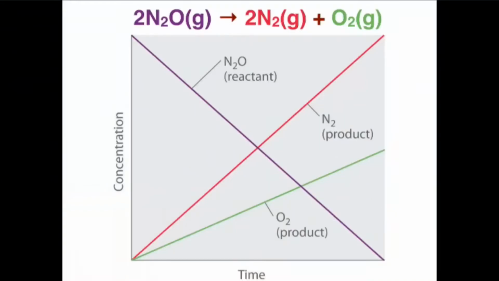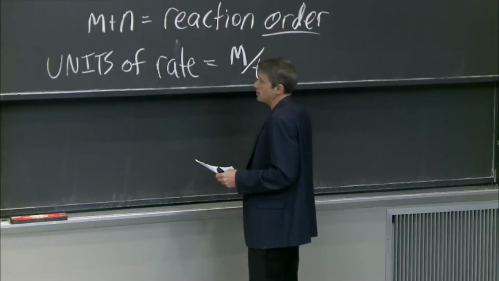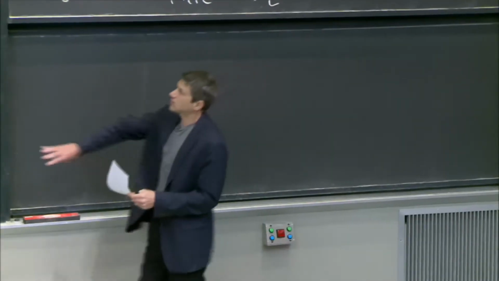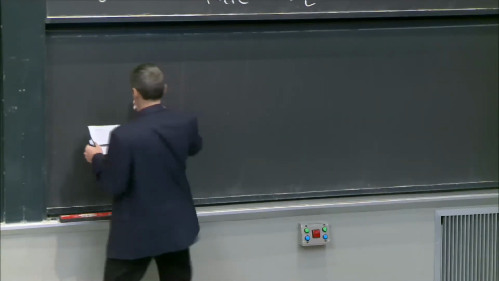In a zeroth order reaction, so this is nitrous oxide. This is a reaction of nitrous oxide turning into N2 and O2. Nitrous oxide is used in many, many applications, not just laughing gas. So if we go with what we just wrote down, let's take this example.